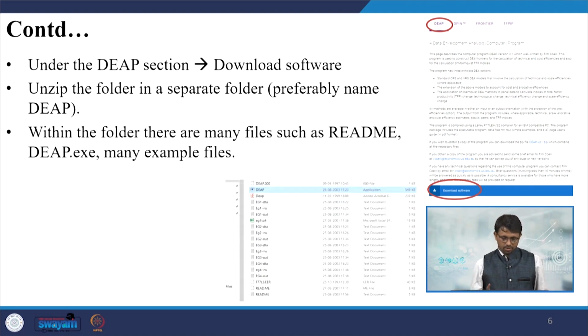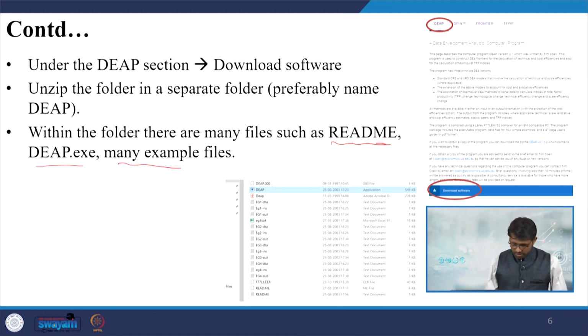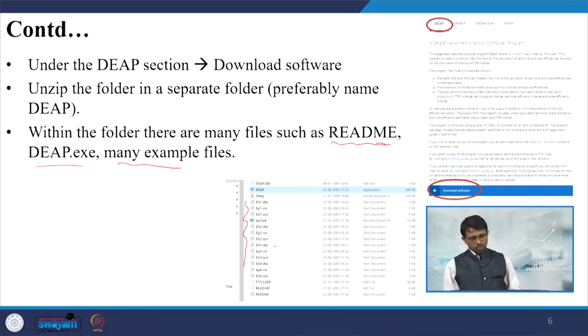You can keep it on your screen. This contains all sorts of information such as the readme file and the .exe extension file and many other example files. You can see the example files are very clearly given. We will give you the clarifications one by one.